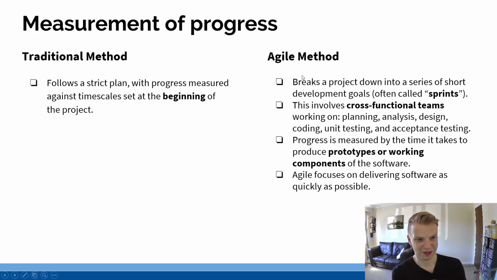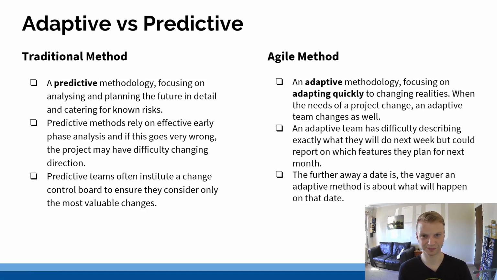And really their measurement of progress is how fast they can churn out prototypes. That's what they're looking for. Can they get the prototype in by the end of the week, end of the month? And although they might have a rough goal to meet, it's not the end of the world if they don't meet it. Maybe they'll even go beyond it. But yeah, they just kind of play it by ear, really, is what I'm trying to say.